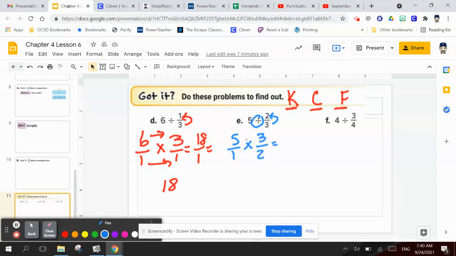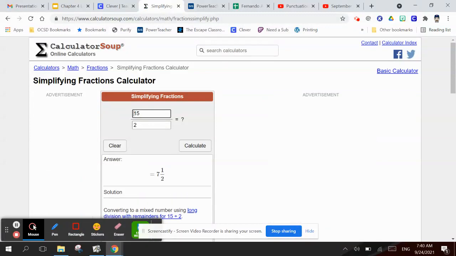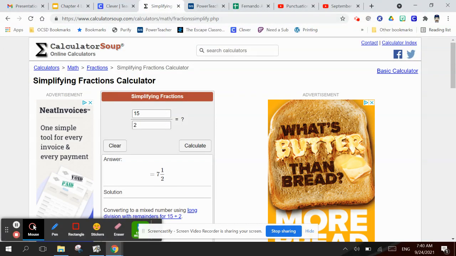So then I multiply. 5 times 3 is 15. 1 times 2 is 2. Again, 2 doesn't go into 15 evenly, so I have to divide. So I'm going to go back to my simplifying fractions calculator, and I have 15 over 2. I'm going to calculate that, and I get the mixed number of 7½.